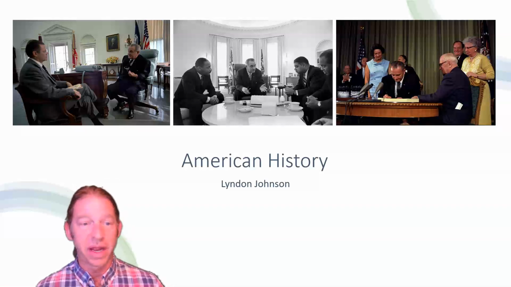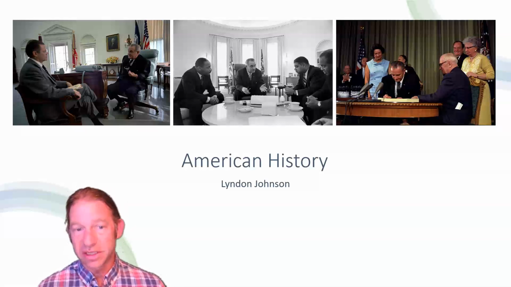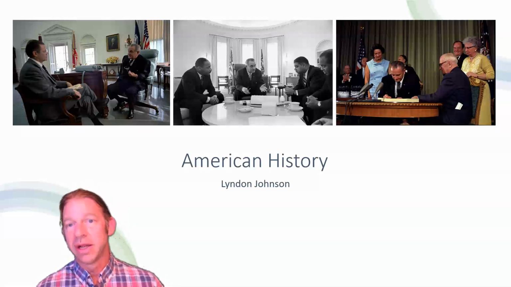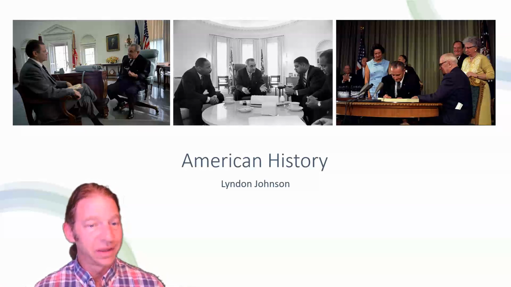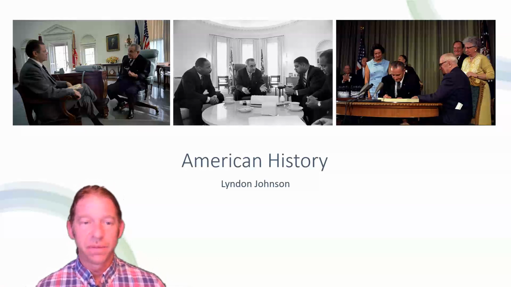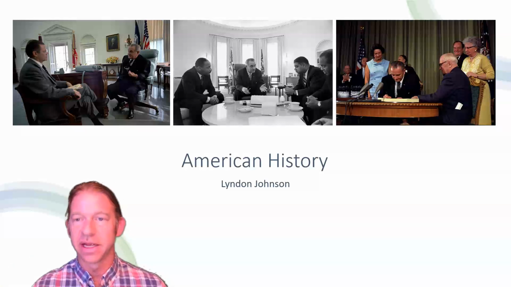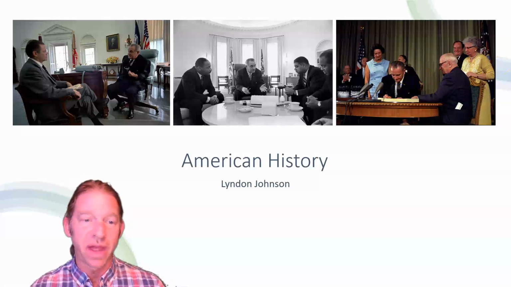By no means eliminating it, but when one looks at statistics from the 20th century, the successes in reducing poverty and homelessness, lack of medical care, lack of access to education, these are great successes for the United States. And Lyndon Johnson owns a good deal of responsibility for that.